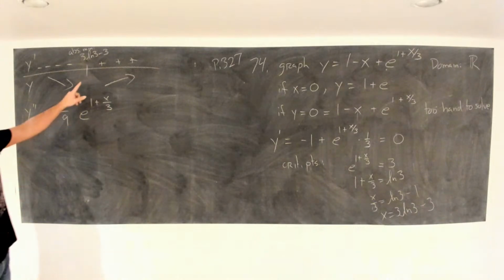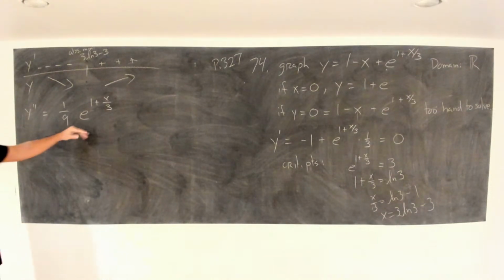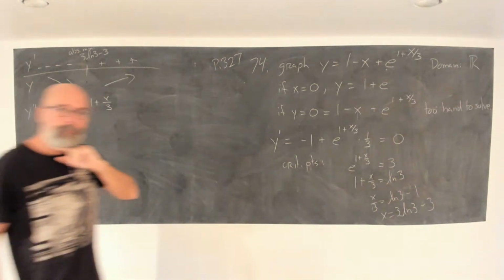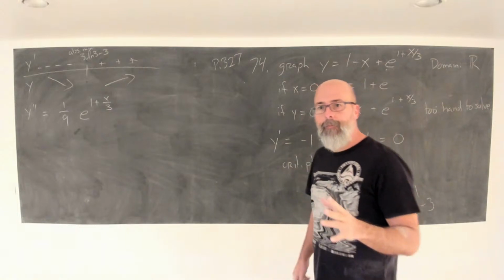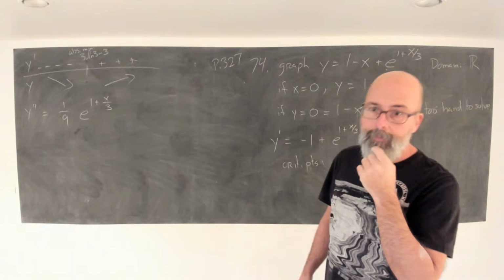So it never becomes less than what it was at that point. Here, possible points of inflection, everyone? What are the possible points of inflection? So we know that because the domain is all real numbers, exactly that.